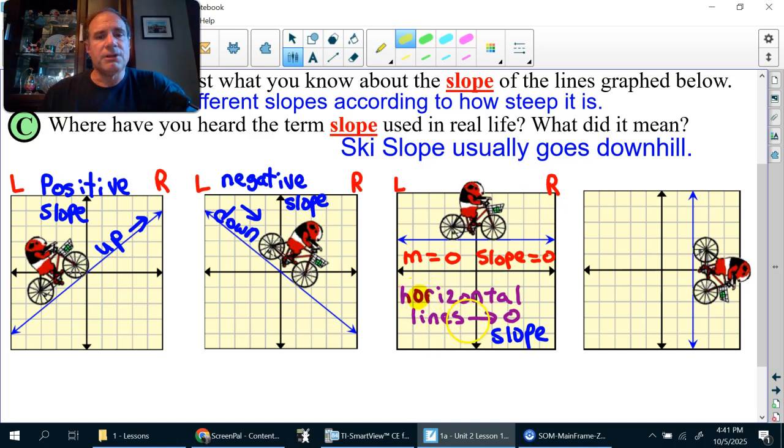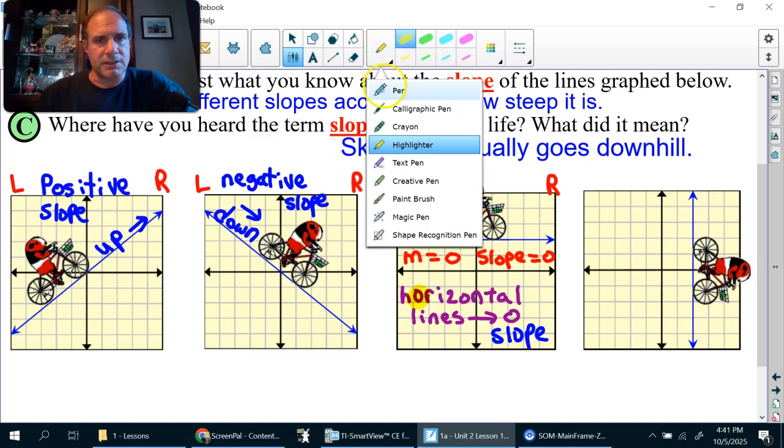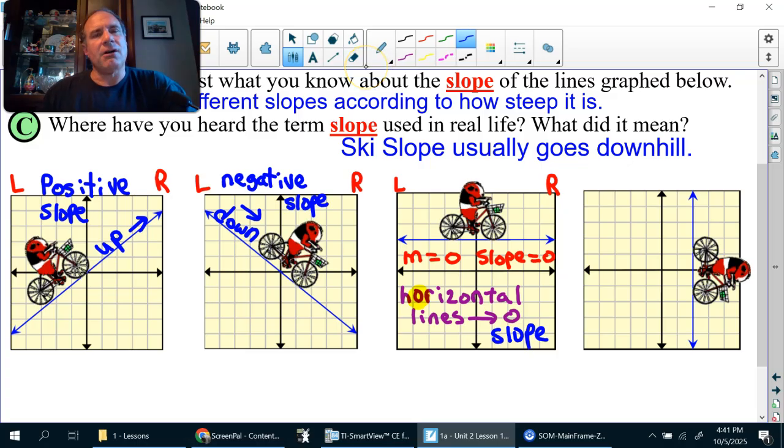And then also the word horizontal has an O in it. And that O will remind me typically of the number 0. So this one right here, we're going to put L and R. And this slope is called undefined.